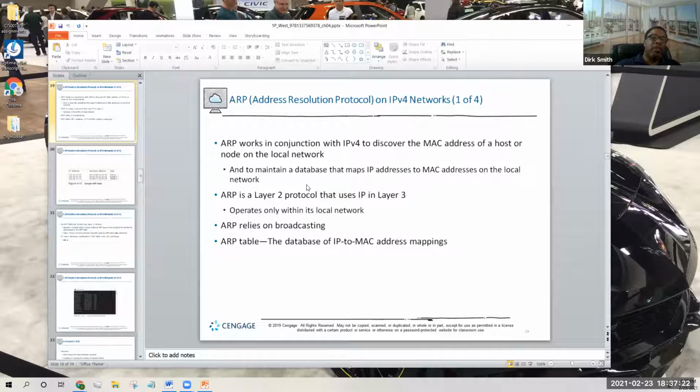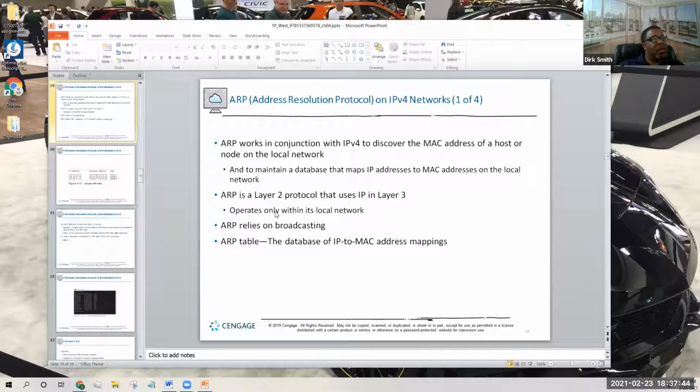You remember we said earlier in the chapter that every computer network card has a MAC address. It has its own physical address, and so the ARP table creates a table and maps all those IP addresses to the physical network card MAC address.